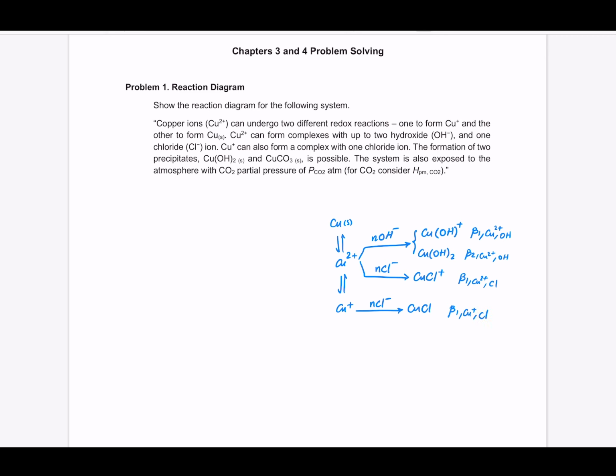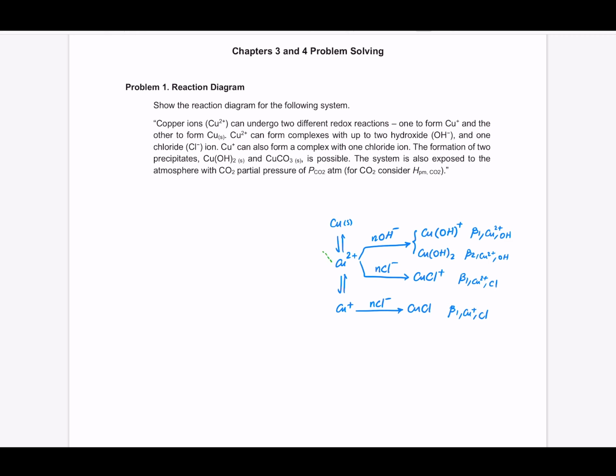So that's all about the complexation, but the question is talking about also the precipitation. So it seems we have 2 possible precipitates. And when we look at the charge, we see that there's a 0 charge here, as we expect for a precipitate. So it means it was copper 2+, and here also copper 2+. So the charge was canceled by 2 hydroxide or 1 carbonate. That's why it's copper 2+ and not any other forms of copper.